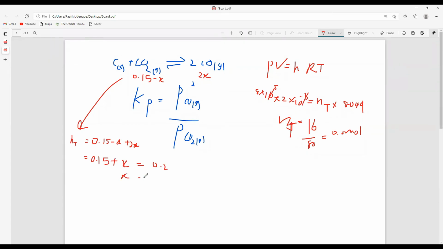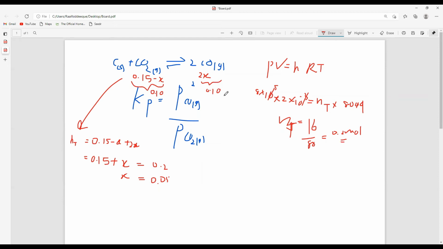So I am going to get x as 0.05. So if x is 0.05, at the end of my reaction at equilibrium, I am going to get here 0.1. And here this is 0.05 into 2, which is 0.1. So that is how we got 0.2 total moles.